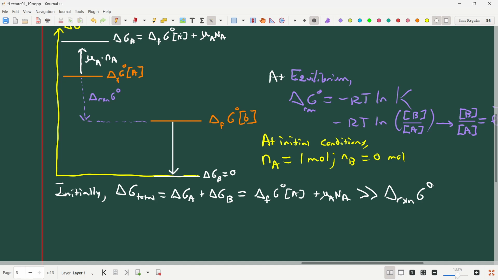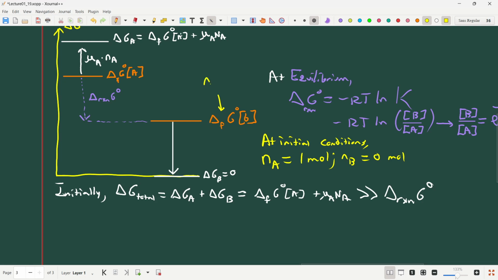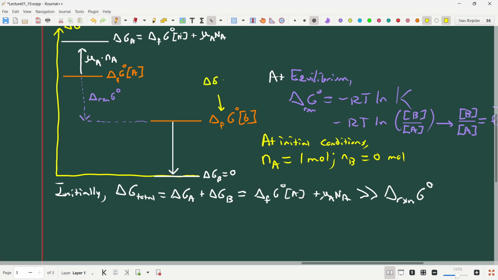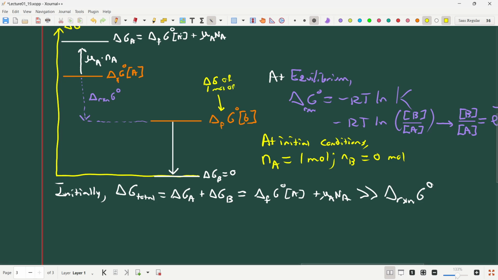So for every one of these that I lose here, let's say I lose a mu A here, I'm going to gain a stoichiometric amount of B molecules, but the amount of energy that it increases is less because they're more stable. This is the amount, if you think about it, delta G of formation of B is the delta G of 1 mole of B molecule.